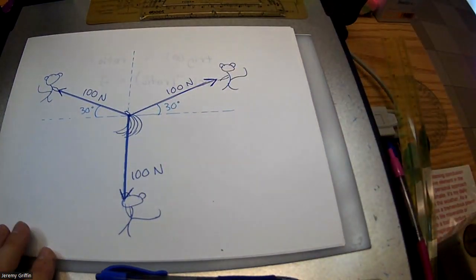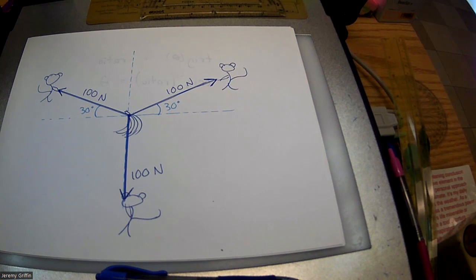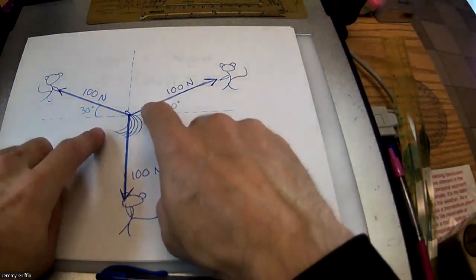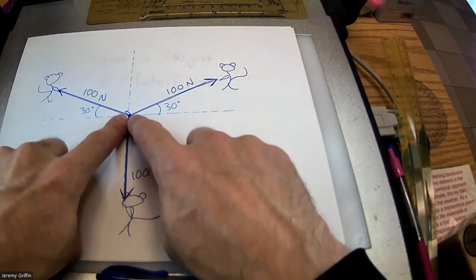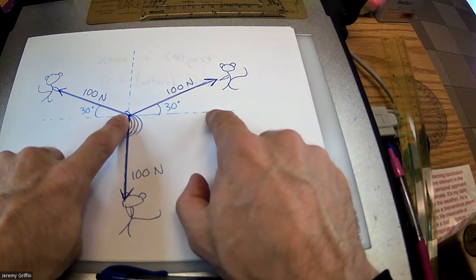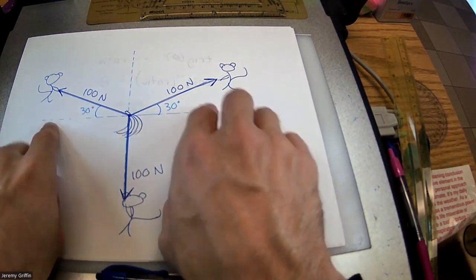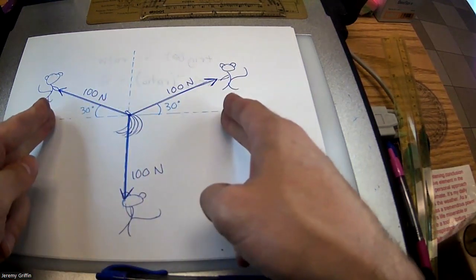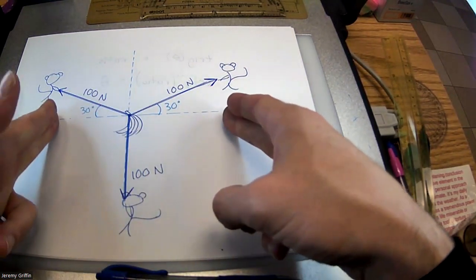Okay. You guys good so far? All right. Now, do you guys see how the monkey pulling up to the right and the monkey pulling up to the left, the amount that this guy's pulling to the right and the amount this guy's pulling to the left, are going to balance each other out? You guys see that?